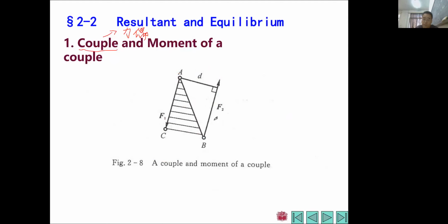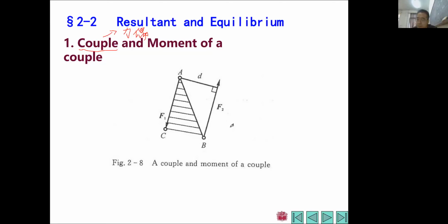So you will find this so-called couple is two forces F1 and F2. They have some characteristics. One, you will find F1 and F2 have the same magnitude and opposite direction.